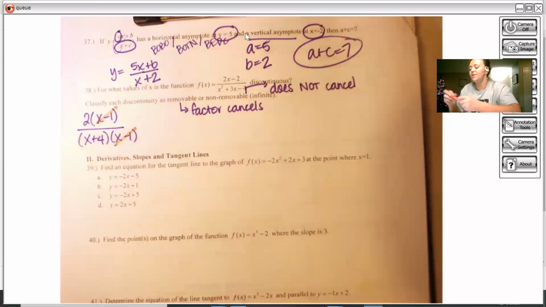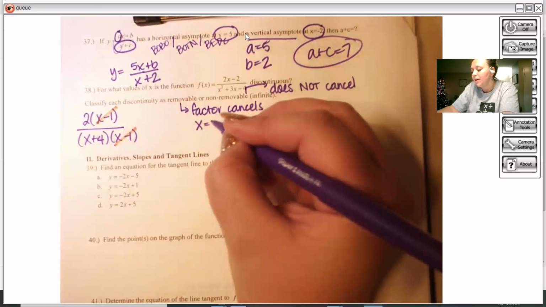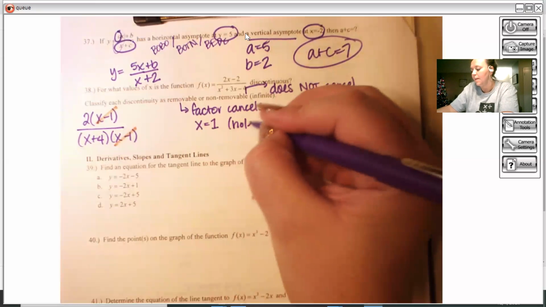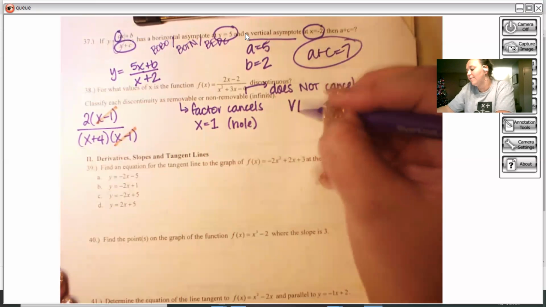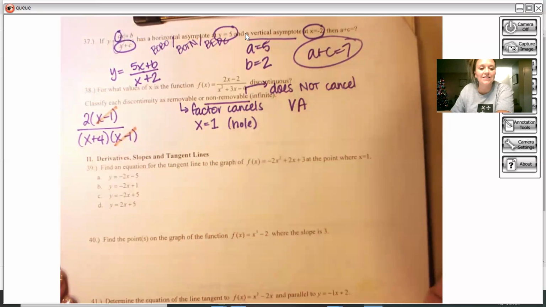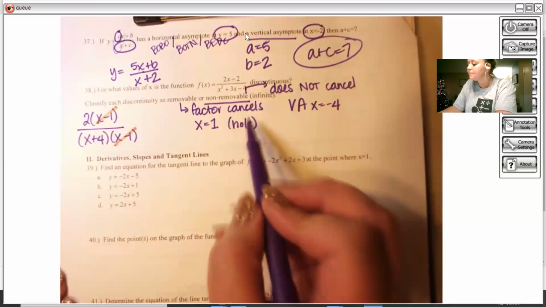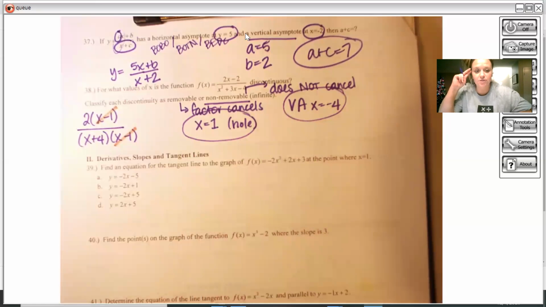That tells you that there was a hole or a removable discontinuity at x equals 1, okay? So there's going to be a hole in the graph at x equals 1, and then the term that doesn't cancel creates a vertical asymptote. So I'm going to have a vertical asymptote or a non-removable or infinite discontinuity at x equals -4, okay? So you should know how to find both of those two things.